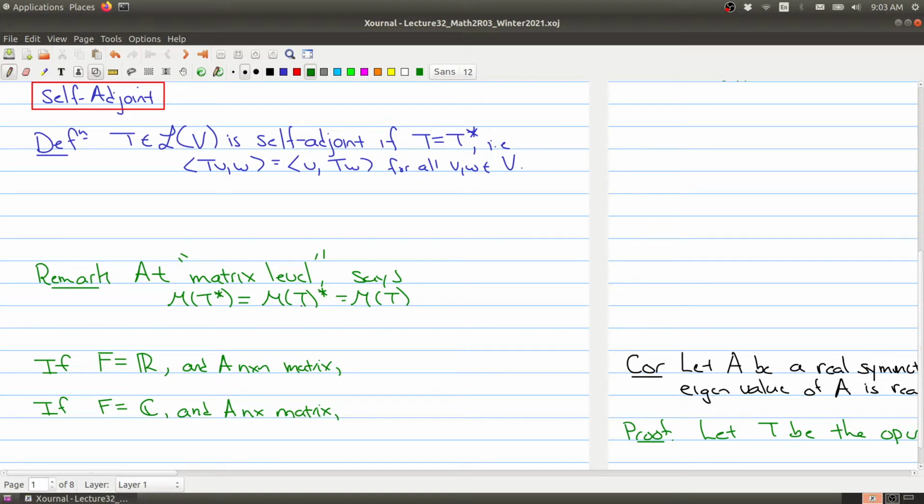If we're looking at the case over the real numbers, and A is the n by n matrix associated to the transform, it has to satisfy that A is equal to its transpose. Another way of saying this is that A is a symmetric matrix. So when you see the word self-adjoint in today's lecture, you should think that we're trying to generalize the property of symmetric matrices, provided all your entries are real numbers.